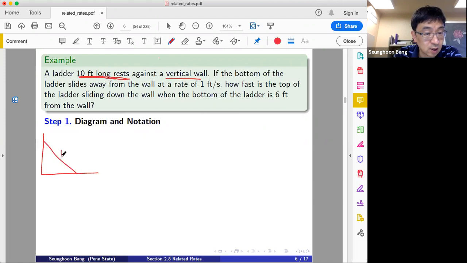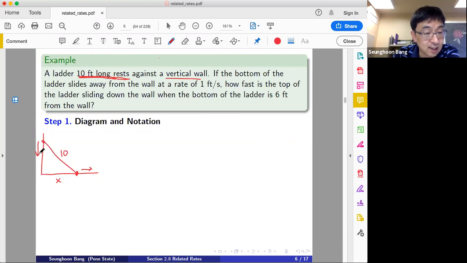This is the 10-foot ladder. The length of the ladder is 10 feet. Next, what happens? The bottom of the ladder slides away and the top of the ladder slides down. Which value changes? Here, the length between the bottom of the ladder and the wall, x, is changing.